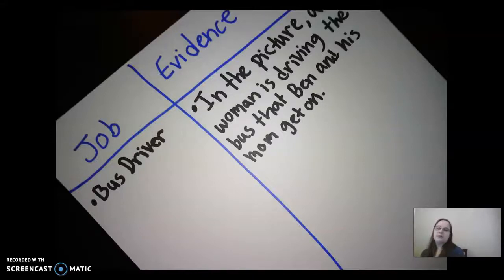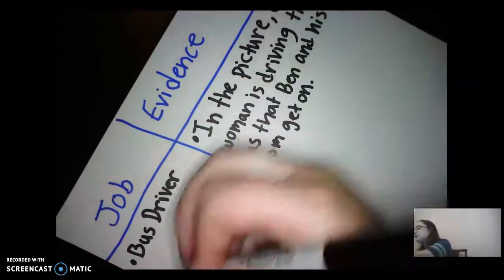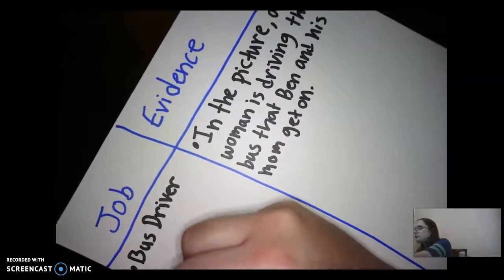So Miss Greathouse's paper is going to look crooked for a little bit so that it's easier for me to write. So our job was a crossing guard.